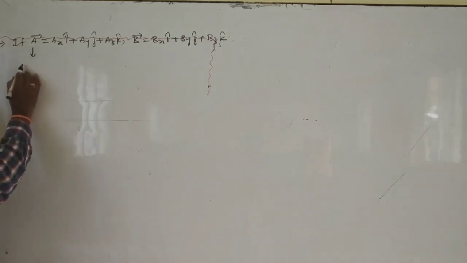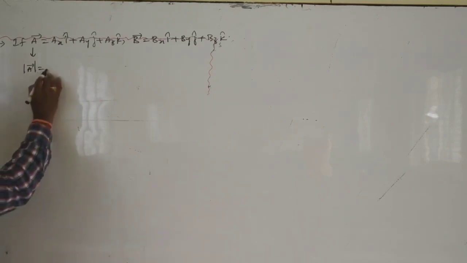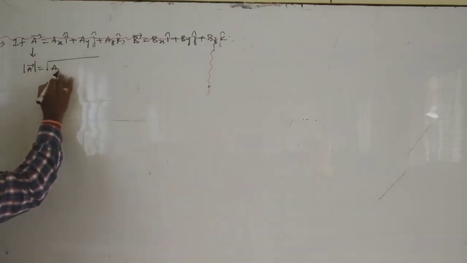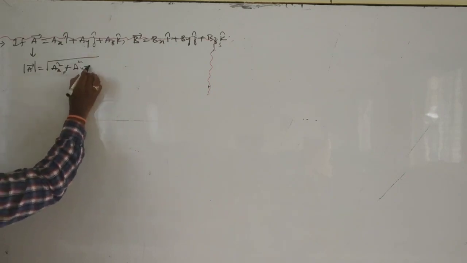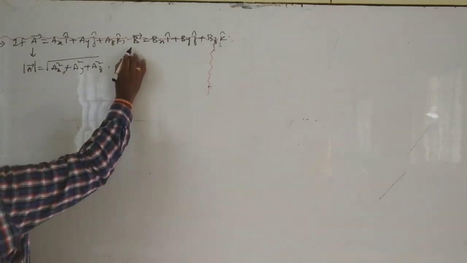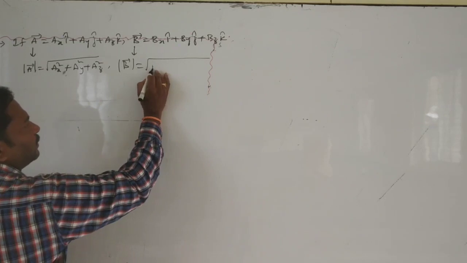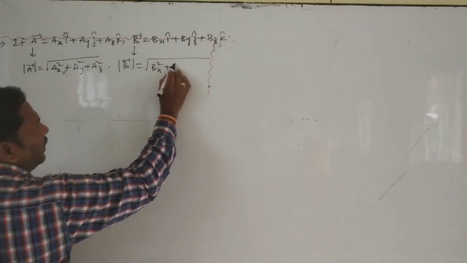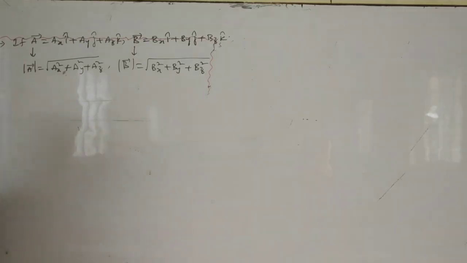First we are going to find the modulus of A bar, root over Ax square plus Ay square plus Az square, and modulus of B bar, root over Bx square plus By square plus Bz square.